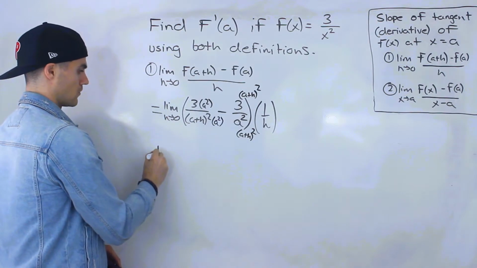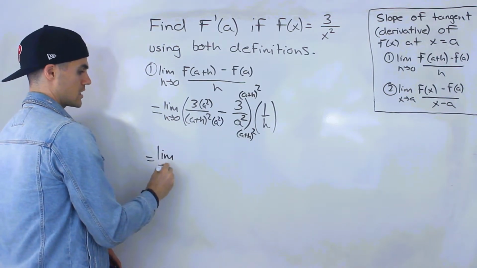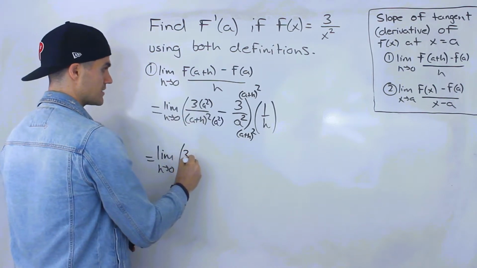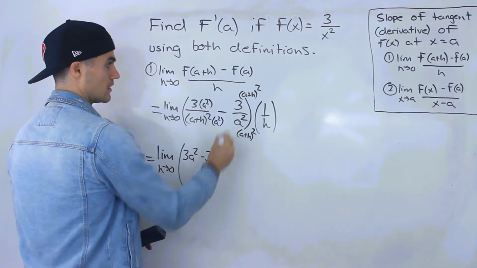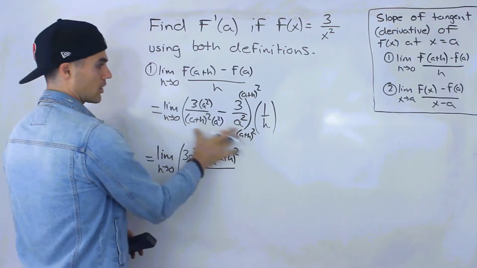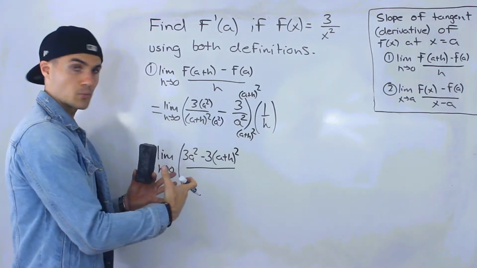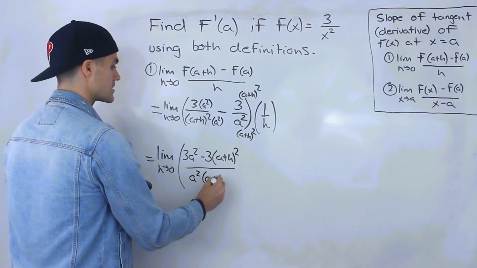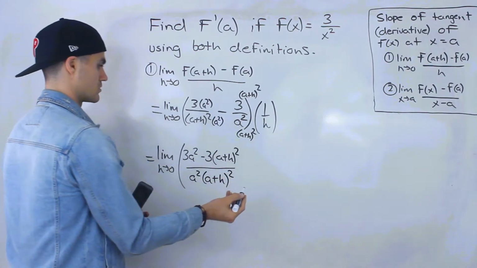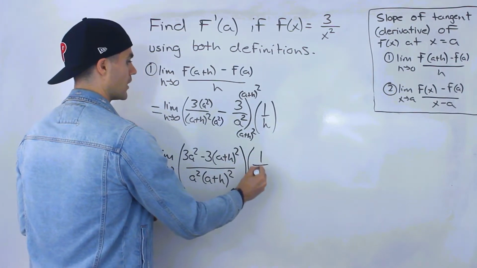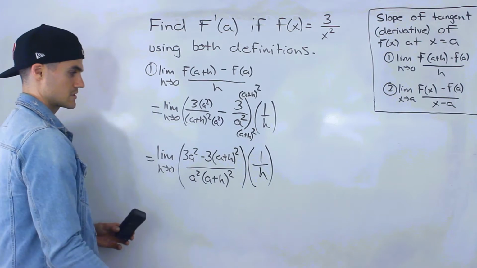Okay, so if we combine all that, we'll have 3a squared minus 3 bracket a plus h squared. And now we have a common denominator, so put it all in one fraction. We'll have a squared, a plus h squared. And this is going to be multiplied by 1 over h still.